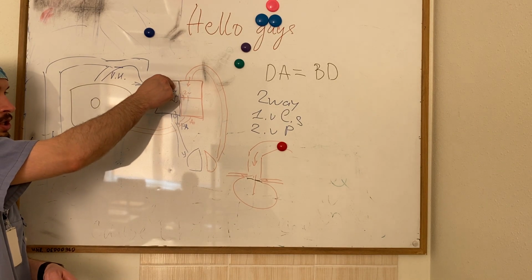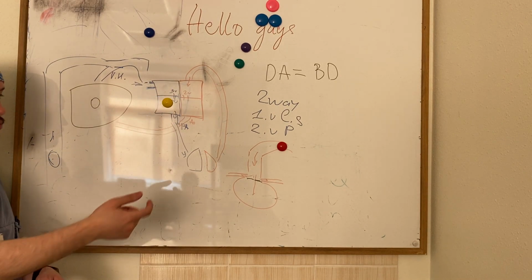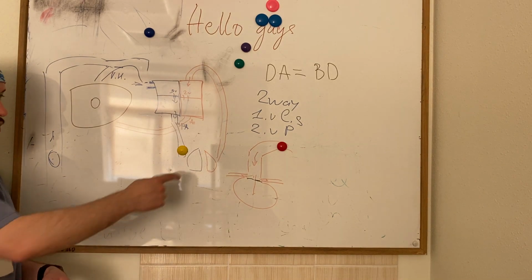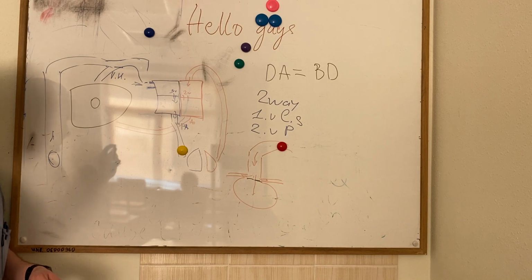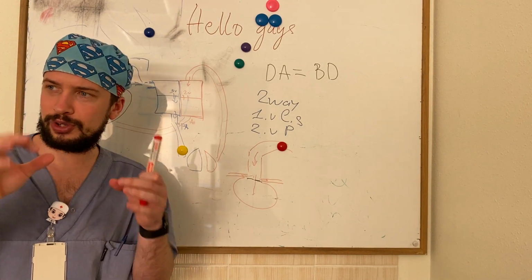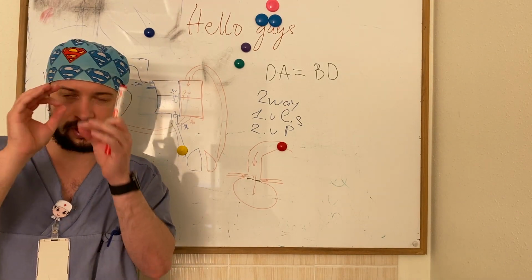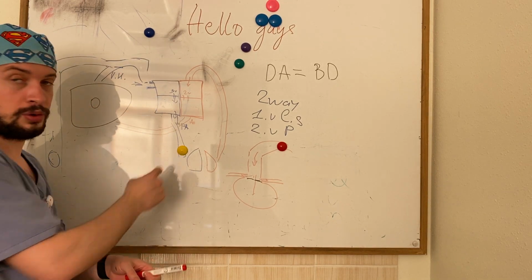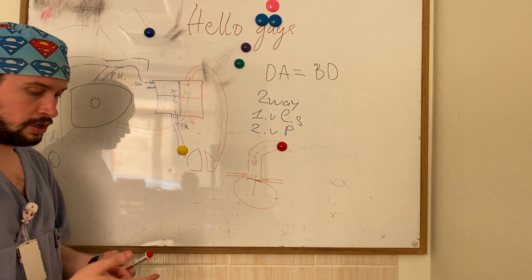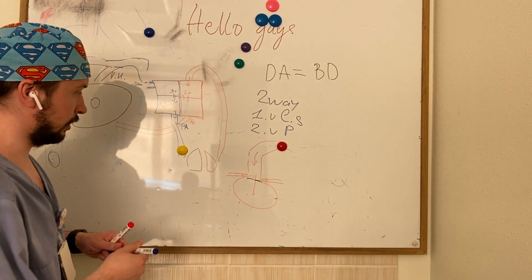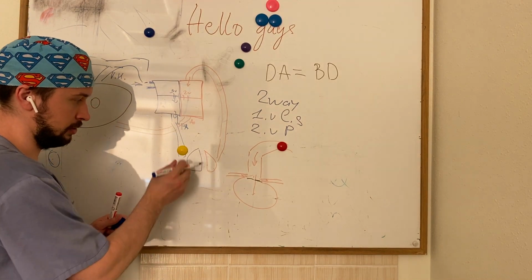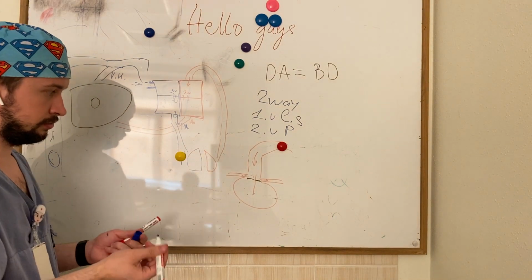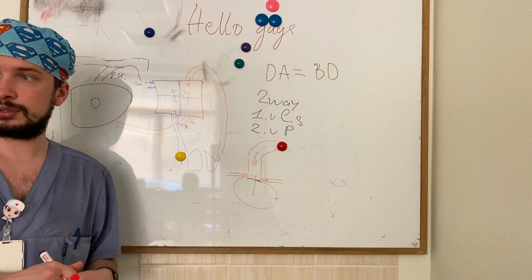Then it goes to the right ventricle, and then to the lungs. In the lungs, we have really very small vessels, and it is a big thrombus. Vessels in the lung are like this line, and the thrombus is bigger. It will stay in the lungs.